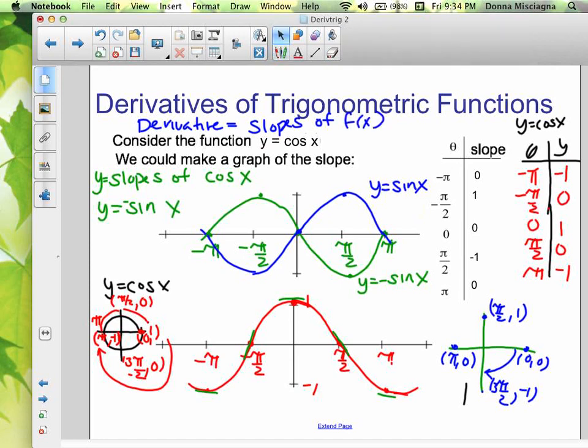And that's what we found, the slopes. And we can now see that when we graph the derivative, not only is that green graph y equals negative sine x, that's also the derivative. So if we were to take the derivative of cosine x, that would equal negative sine x.